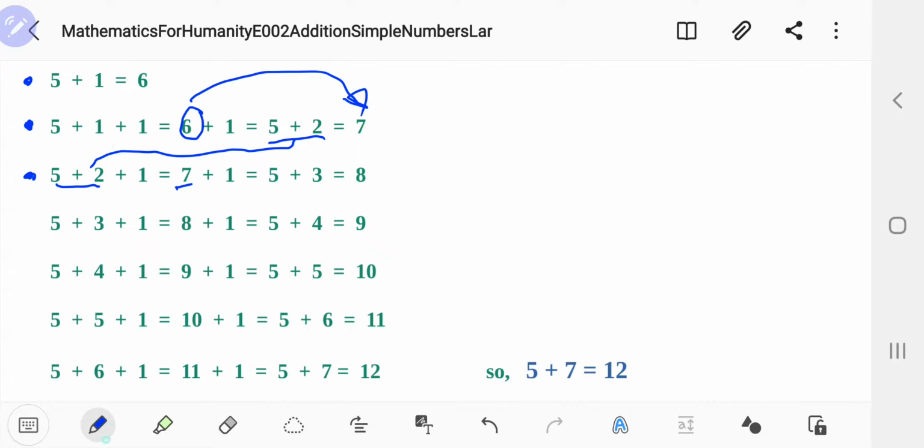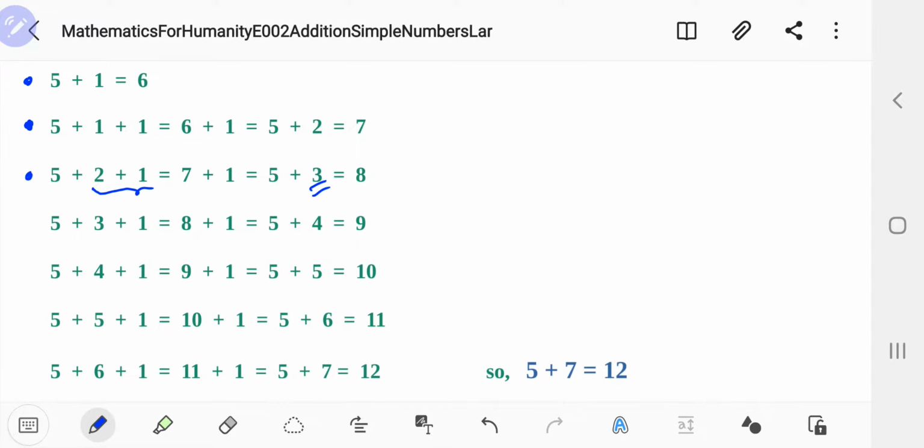But also, you have 5, and 2 plus 1 is also equal to 3. So 7 plus 1 is the same as 5 plus 3. But what is 7 plus 1? When you add 1 to a number, it gives you the next number. That's 8. So 5 plus 3 is also 8.